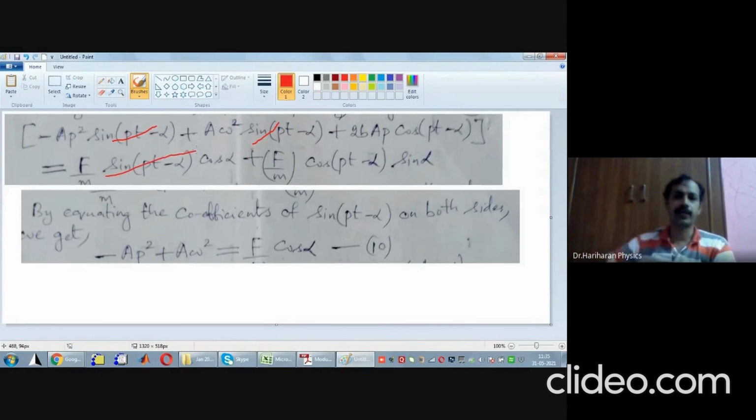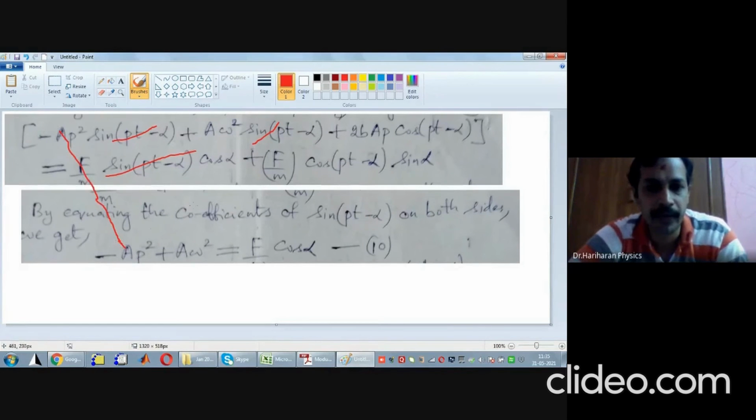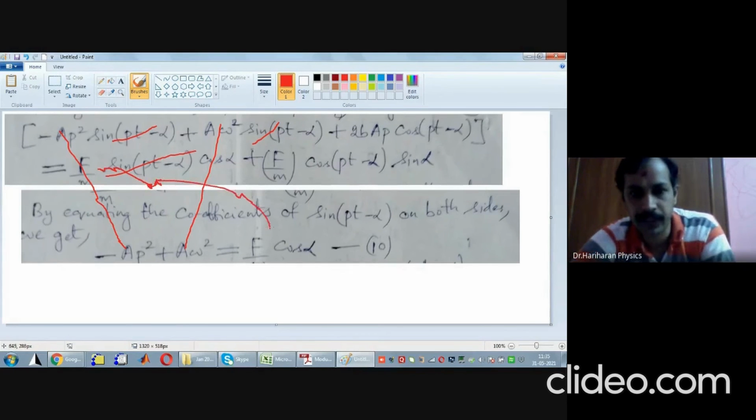Therefore, if you equate the coefficients of sine of pt minus alpha on both sides, the first term you're going to get is ap square minus ap square, which is this. Then you have a omega square, and on the right hand side you are going to get f by m cos alpha. That's precisely this. This is clear. That gives rise to equation 10.